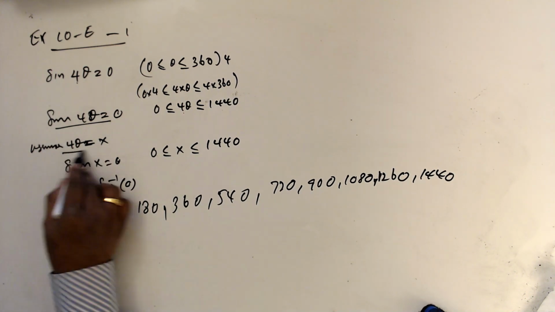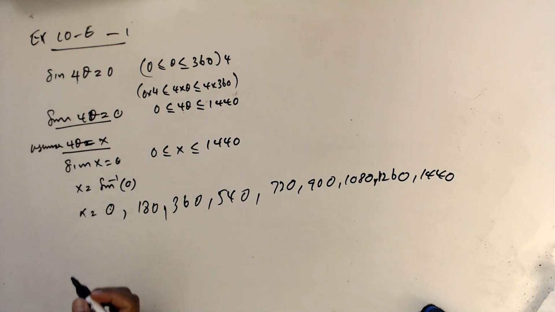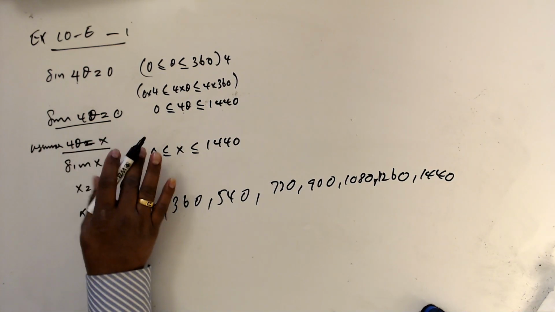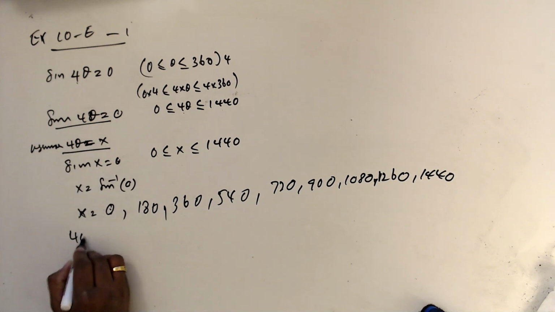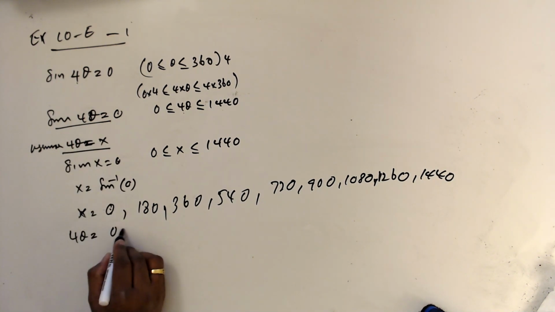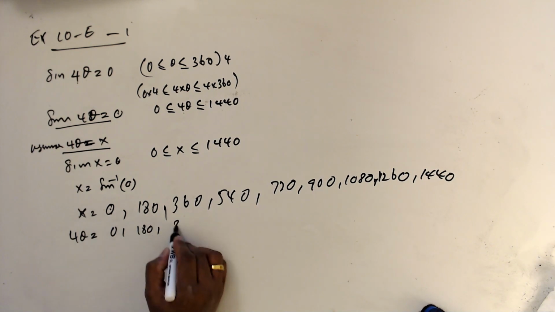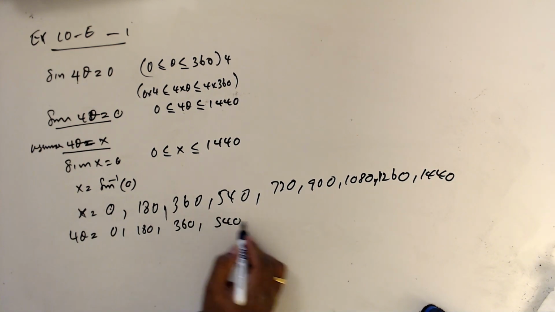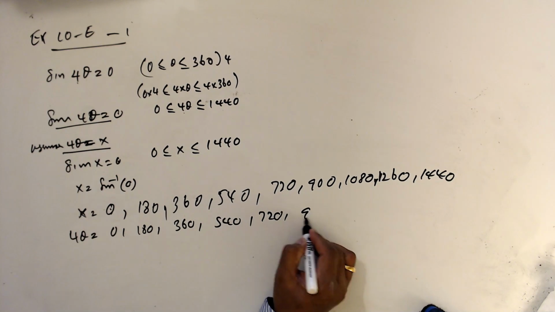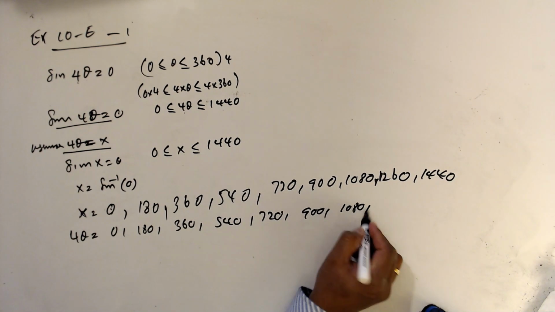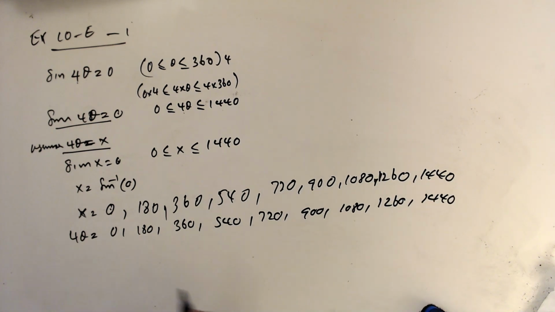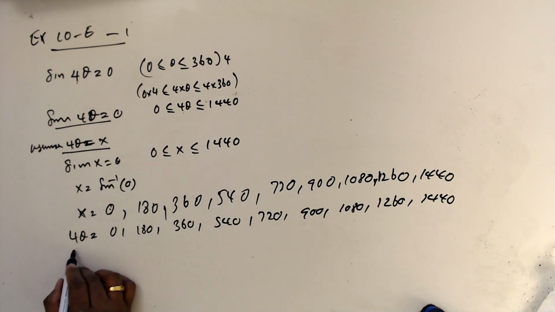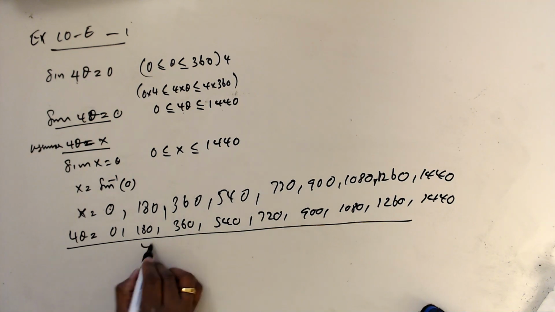Now this x is introduced by ourselves. There is no x in this sum, only θ. So then I will bring here 4θ equals 0, 180, 360, 540, 720, 900, 1080, 1260, 1440. Now I will divide everything by 4 to get the answer.